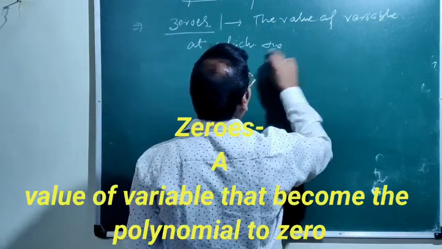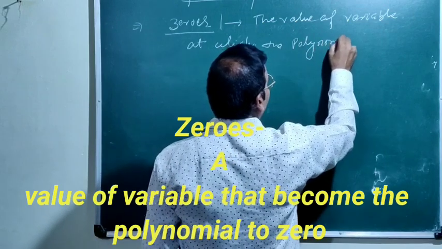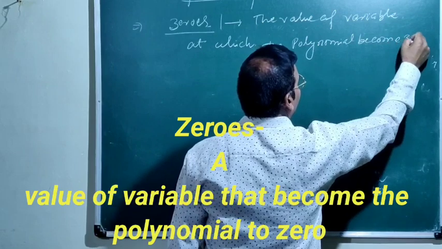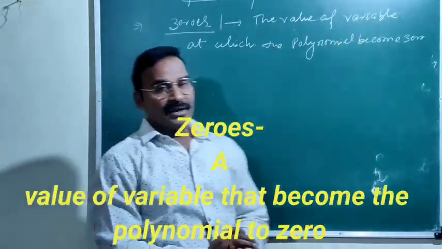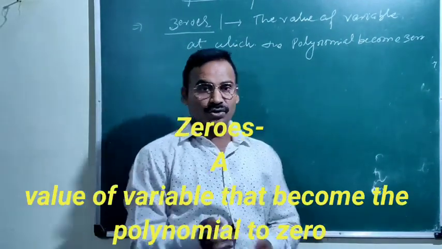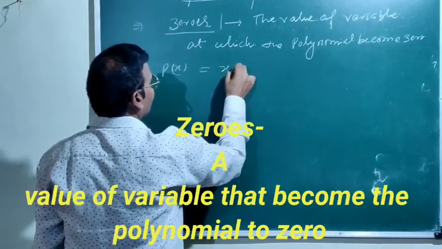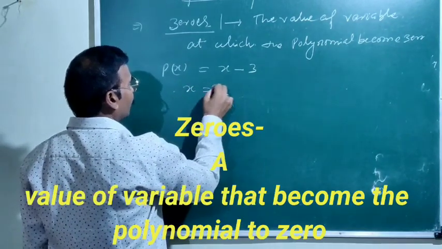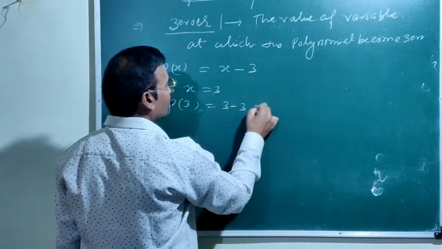The value at which the polynomial becomes 0. वेरिएबल की ऐसी वैल्यूज जो पॉलिनोमियल को जीरो करती है, दैट इज कॉल्ड जीरोज ऑफ द पॉलिनोमियल. फॉर एग्जांपल, if p(x) equals x minus 3, if we put x equal to 3, then p(3) equals 3 minus 3 equals 0.